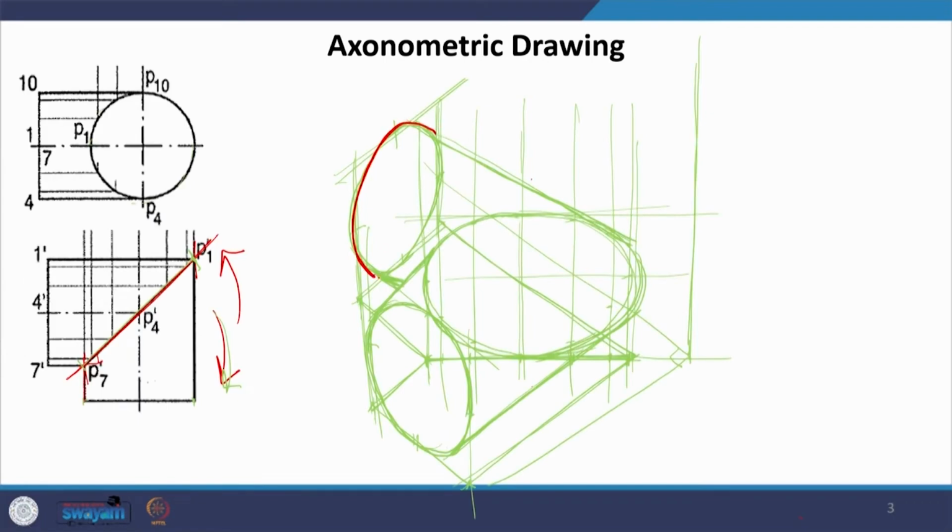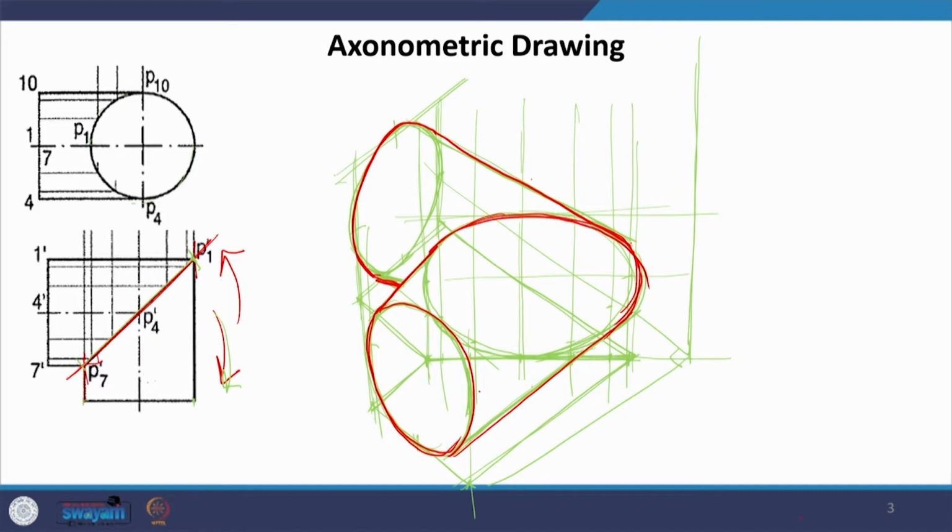This is what we see at the back, the line which is parallel, this one here, and here at this level we will be actually seeing this curve coming.